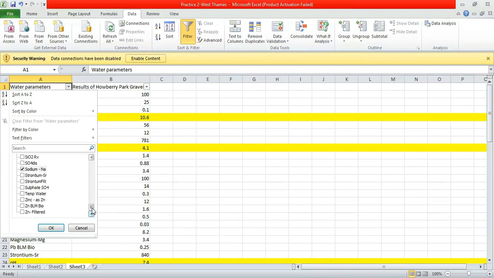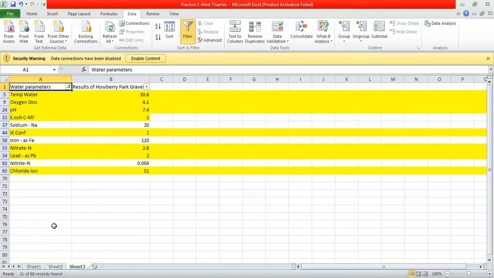Okay. And okay, temperature of water if we need. That's okay. Okay, so this is what we have as our final results of test, water quality test. And so we have temperature of water, oxygen dissolved, and this, and this.